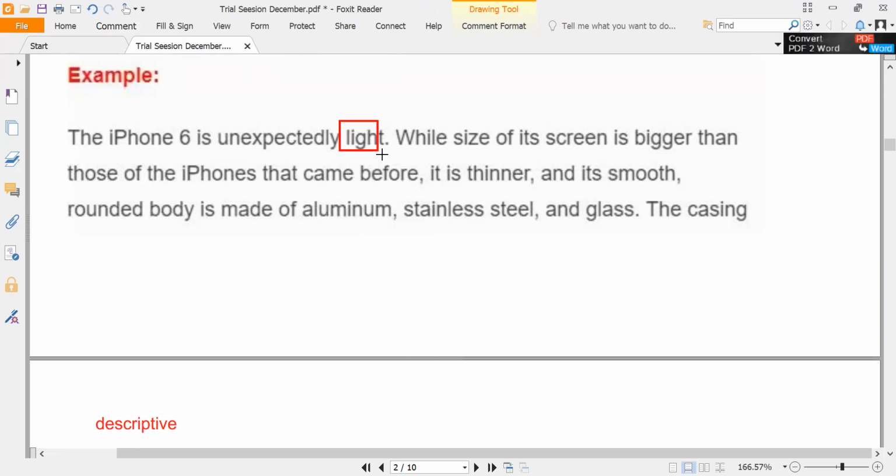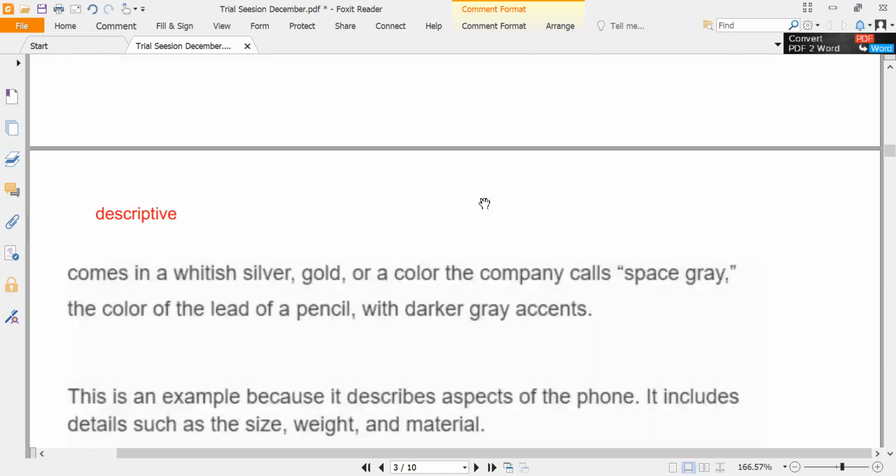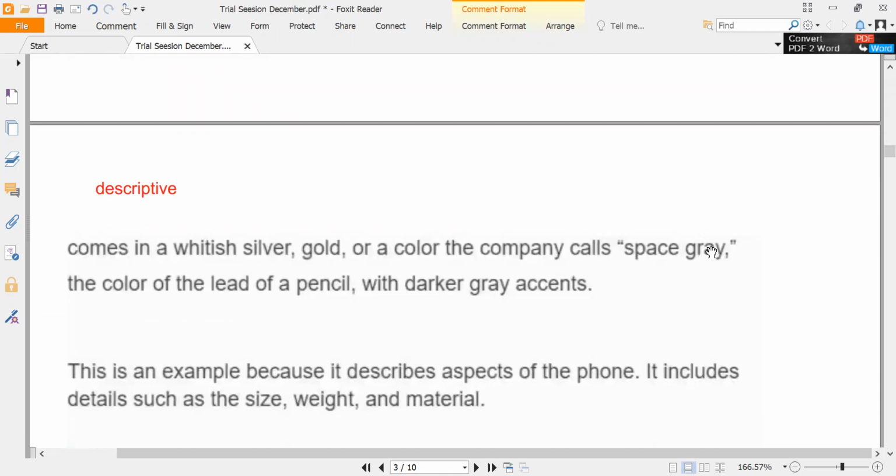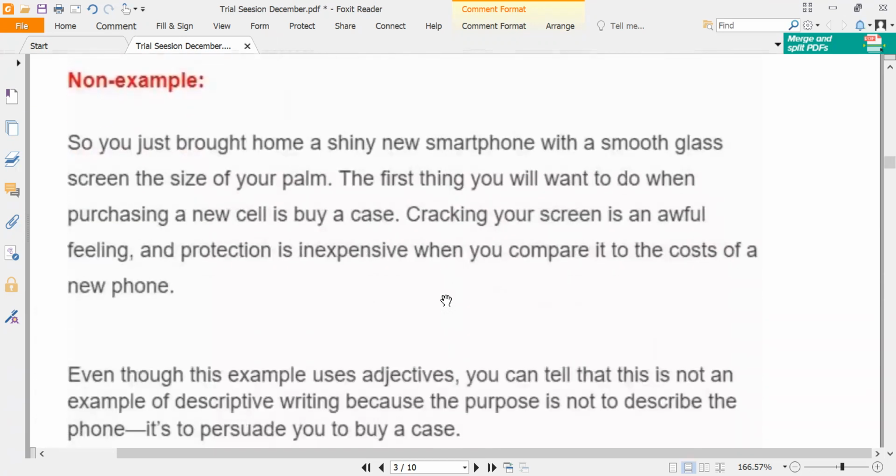Like the word light, bigger size, thinner, smooth, rounded body, stainless steel, space gray, whitish silver, gold, and finally darker gray accents. So this is an example of a descriptive text. Okay, great.